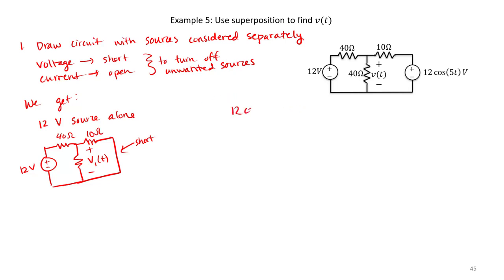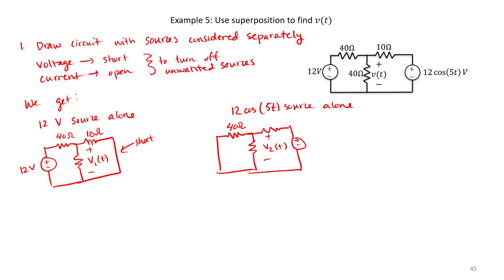For the 12 cosine 5t source alone, same approach, but this time the 12-volt source is turned off. And notice we are left with 12 cosine 5t as the only source in our circuit.